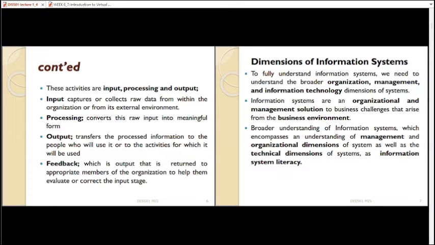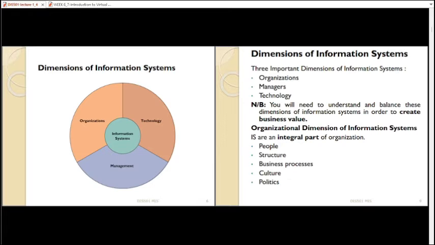And therefore, that's where we have that aspect of information system. So we're looking at it from those three dimensions. There's a diagram that shows us organization, technology, and management. And under management, this is where we have the leadership of this particular organization that we are looking at.